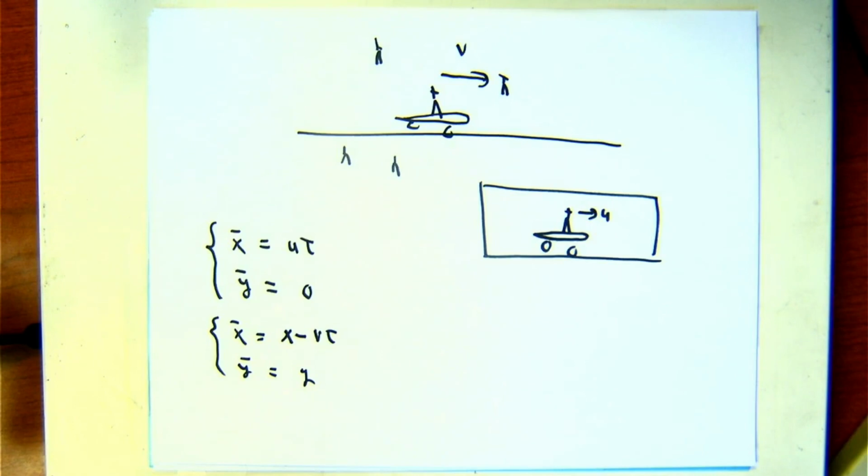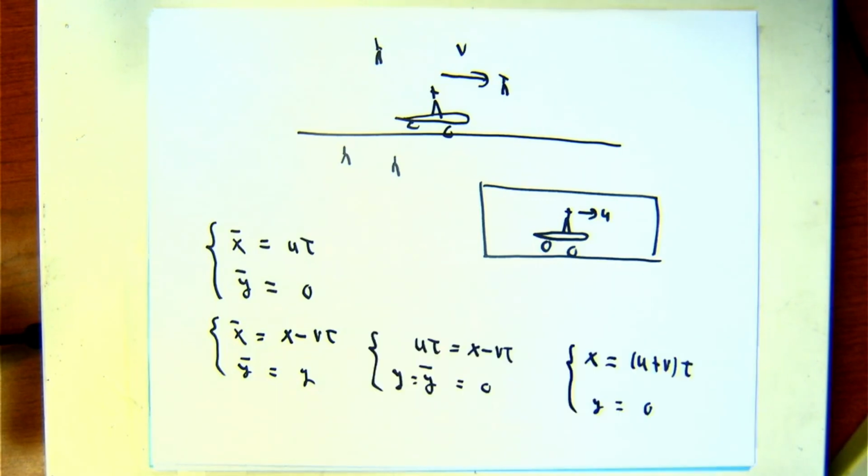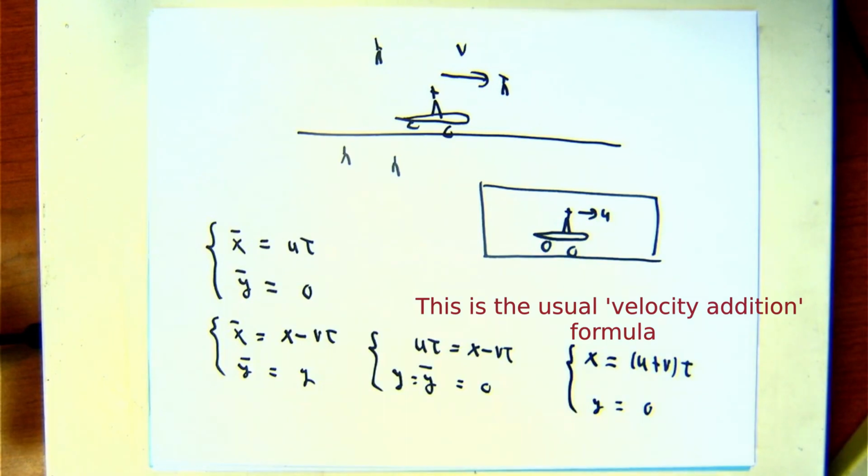Because of our previous comments, I know the relationship between the barred and unbarred coordinates. According to the unbarred coordinates, the object will be moving to the right at speed u plus v, just like you would expect.